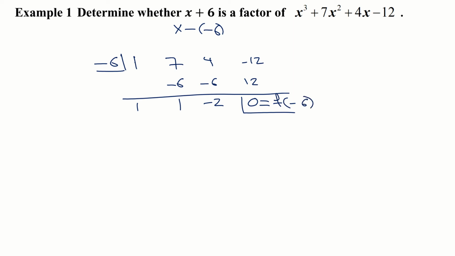All right, so because we showed that f of negative 6 is 0, meaning negative 6 is a 0 of f of x, therefore x minus negative 6 is going to be a factor of the polynomial.